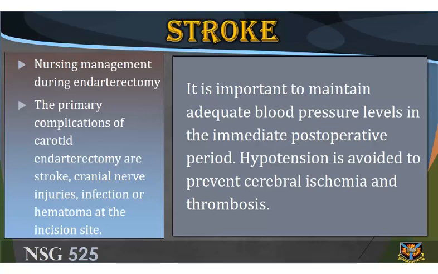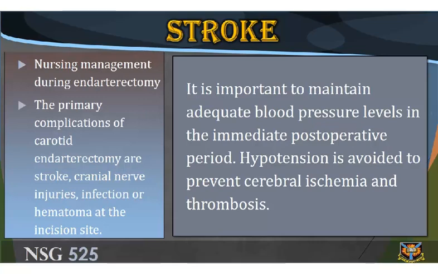Uncontrolled hypertension may precipitate cerebral hemorrhage, edema, hemorrhage at the surgical incision, or disruption of the arterial reconstruction. Sodium nitroprusside is commonly used to reduce the blood pressure to previous levels. Close cardiac monitoring is necessary because these patients have a high incidence of coronary artery disease.